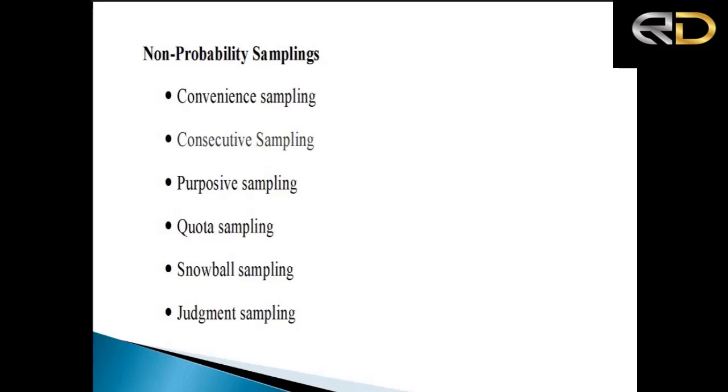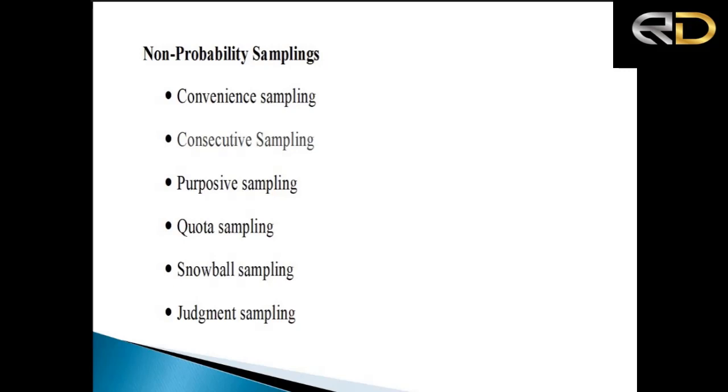And quota sampling is the non-probability version of stratified sampling, where we apply the quota. Suppose we have to distribute some items to the population, and we have divided the population into different strata, but we will not give it to a person randomly. We will give it to a person according to our choice. So this is quota sampling.